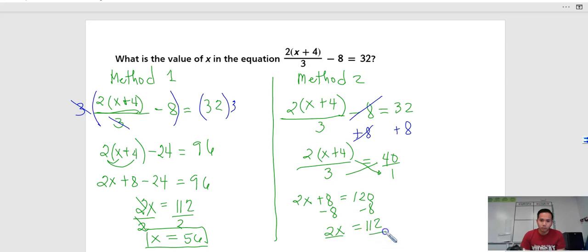Yeah, it's the same. So you divide that by 2. So x is equal to 56. So that's the second method. Those are the two methods you can use to attack this problem.